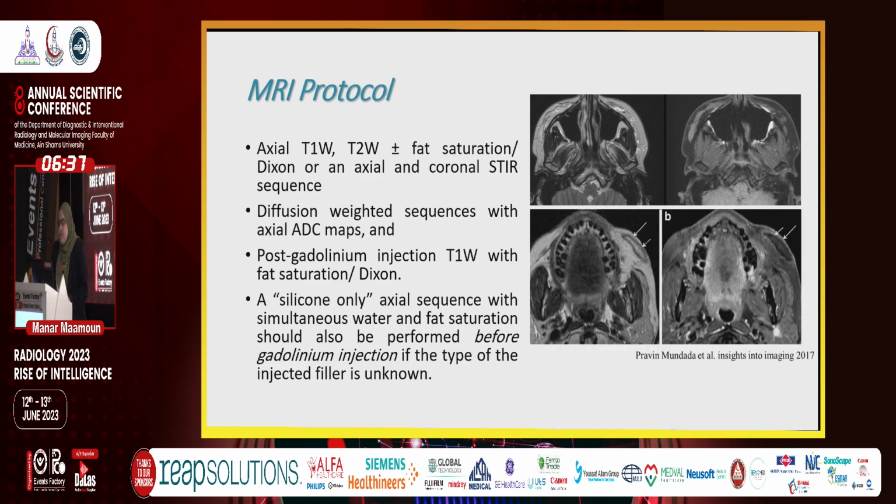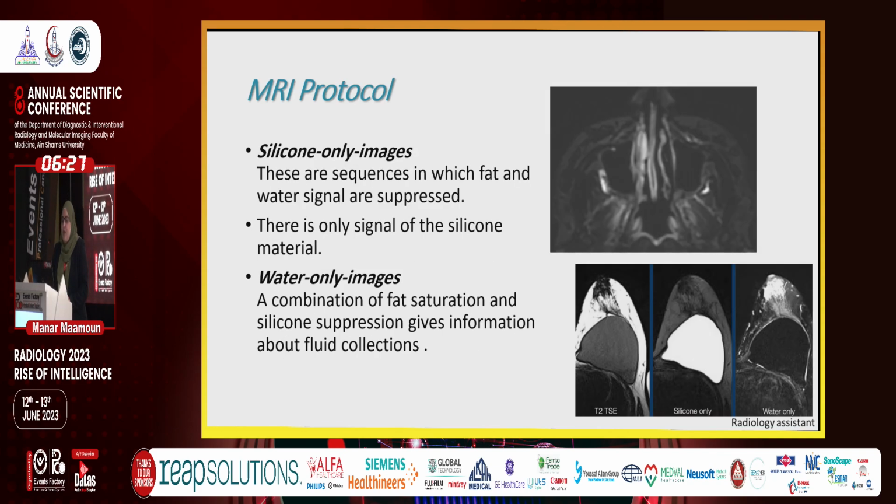Fat suppression sequences help you to identify the fat content of the filler or implant. Like in this case, it shows suppression of its signal. If you don't know the material used, you should apply silicone-only images as in breast imaging.